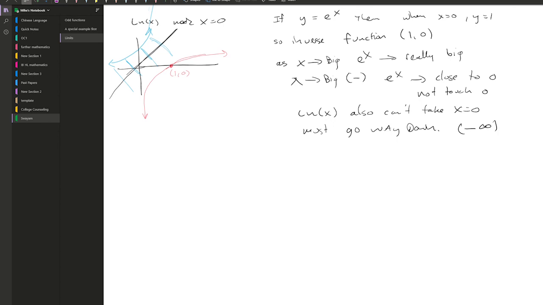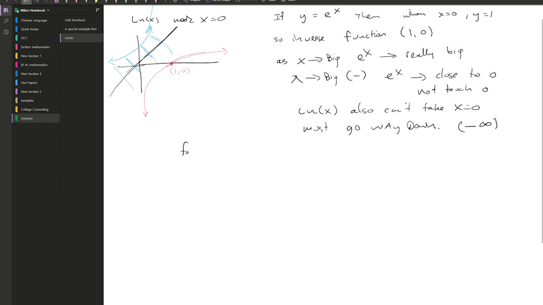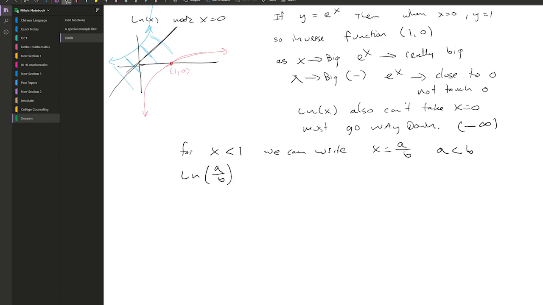And there's another way to investigate that, which is for x less than 1, we can write x is equal to a over b, where a is smaller than b. That's what it means to be less than 1. And so the natural log of a over b is the natural log of a minus the natural log of b.